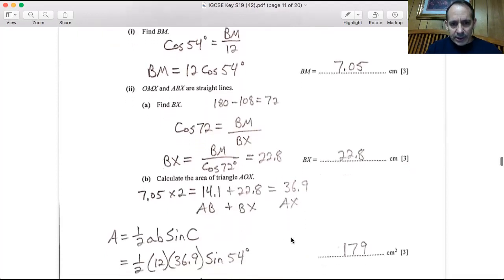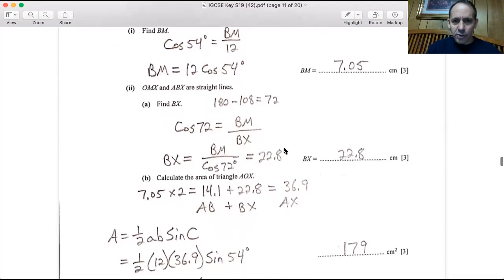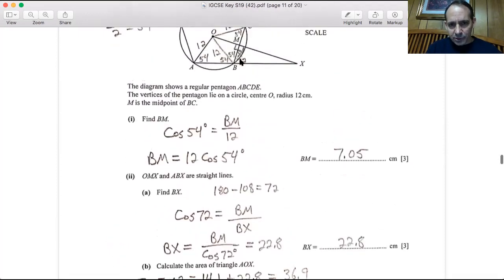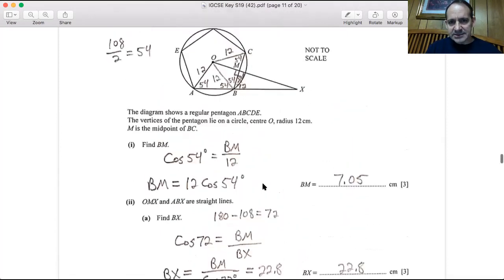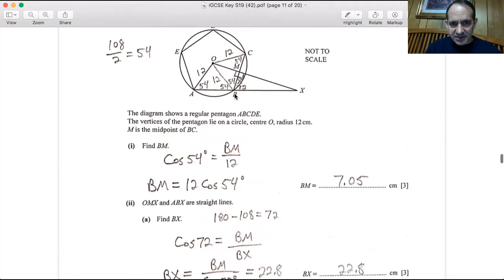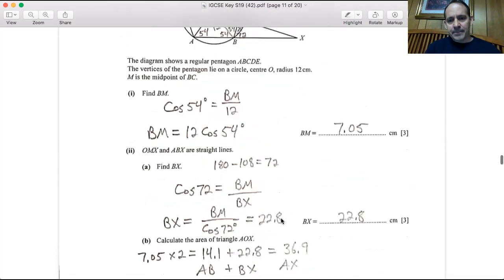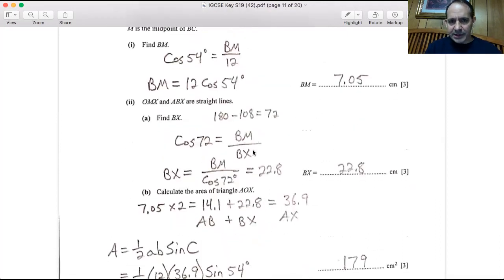So we can now take cosine of 72. Cosine of 72 is adjacent over hypotenuse. So cosine of 72 is adjacent, which is the BM, over the BX. The adjacent is this side, and the hypotenuse is this side. So the BM is 7.05, but I would recommend that you use the 12 cosine 54 because we rounded this value.